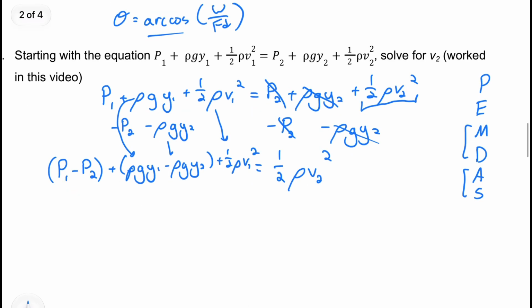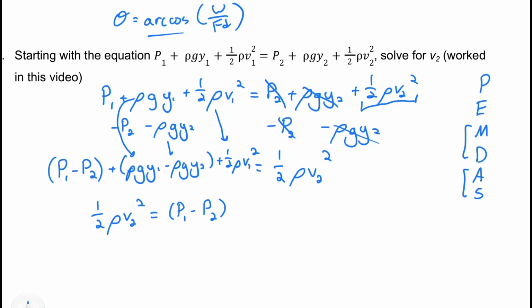To simplify a bit more, let's rewrite this so that the term with v2 is on the left rather than the right, because ultimately that's where we like to have our isolated variable. So 1/2 rho v2 squared, and then everything we had on the right side goes over here.